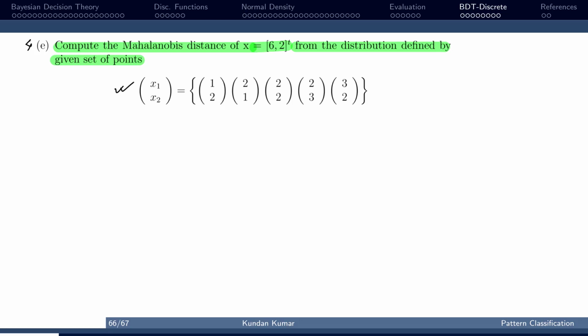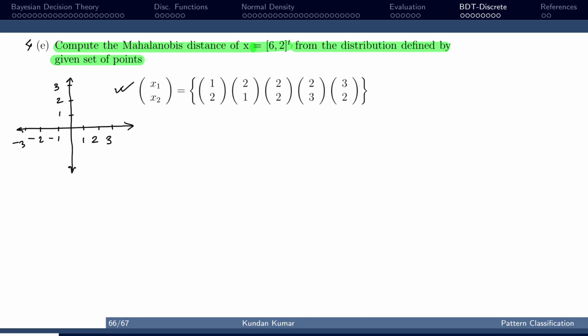If you try to plot these points, with axes 1, 2, 3 and minus 1, minus 2, minus 3, we can plot these points.